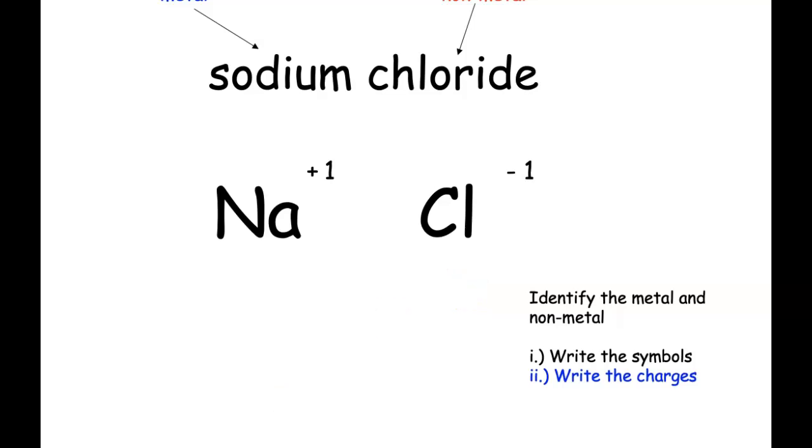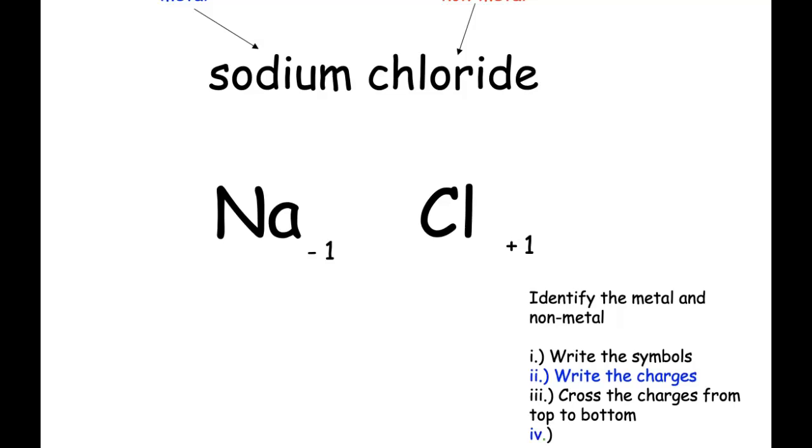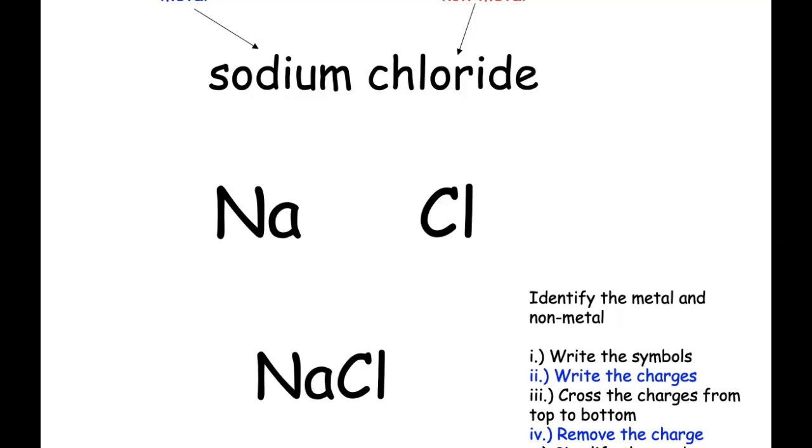And that's exactly what we must get for all of our ionic compounds. The other thing that you can do is you can cross the charges. So the 1 by sodium becomes 1 by chlorine. The 1 by chlorine becomes 1 by sodium. Drop the charges, remove those charges, and that would be your formula. But obviously you don't need to have the 1s in there. And so there's your formula, NaCl.